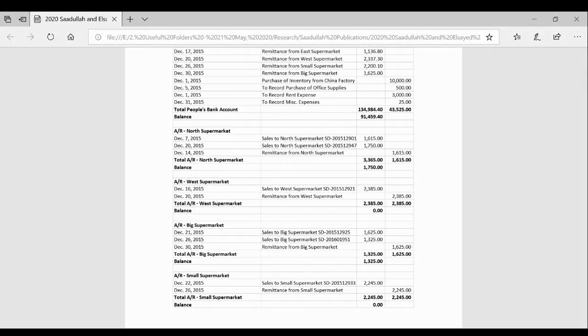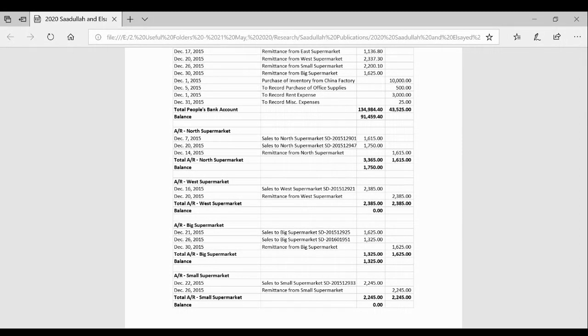So when we define the population, we are going to take a sample from only these amounts that are listed under the accounts receivable of different companies. Are you following? We're not going to go into any other account except accounts receivable. Are you following?